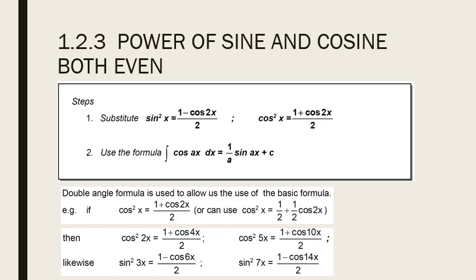1.2.3, power of sine and cosine both even. Okay, so before we have sine odd, cosine odd. So now we have both even. So the step is substitution of identity. So the identity that we use is sin square x equal to 1 minus cos 2x over 2. Okay, so this is the identity, it's actually the one with cos 2x.